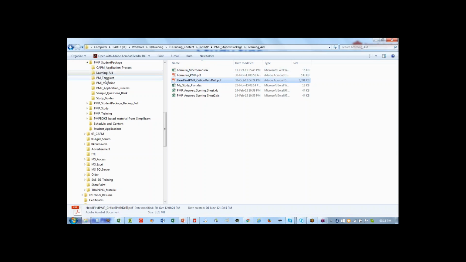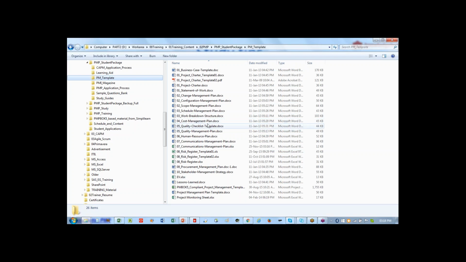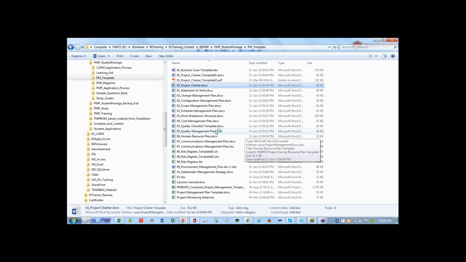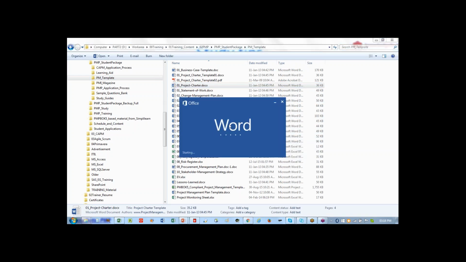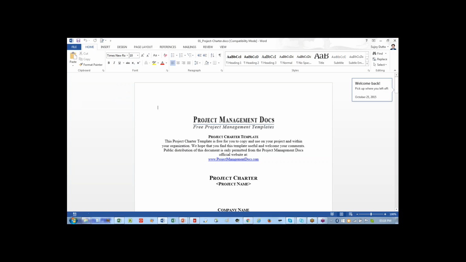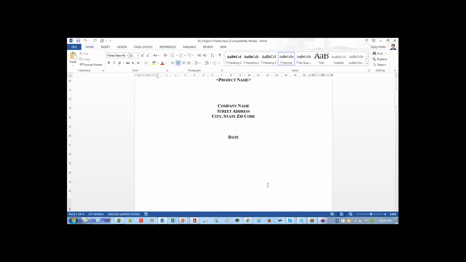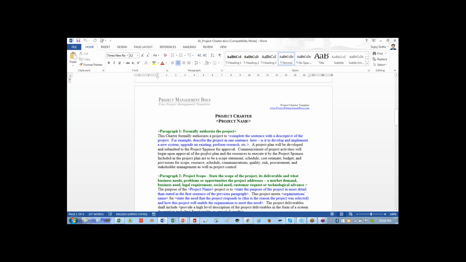Now coming to the second folder, the second folder has got the templates. If you want to make the project charter, you can use this template. It shows you what contents are to be filled in, and it gives you a very detailed explanation regarding the content.